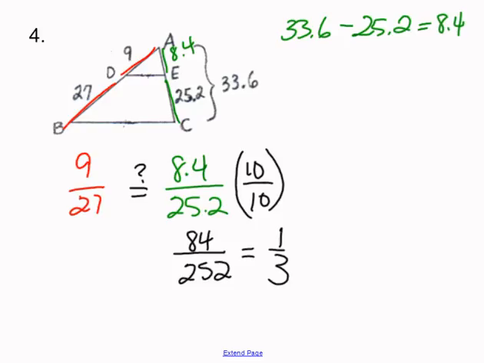Now does 9 over 27 reduce down? Yes, we can divide both the top and the bottom by 9, and we end up with 1/3. So actually, yes. They are equal, so yes, these two lines are parallel.